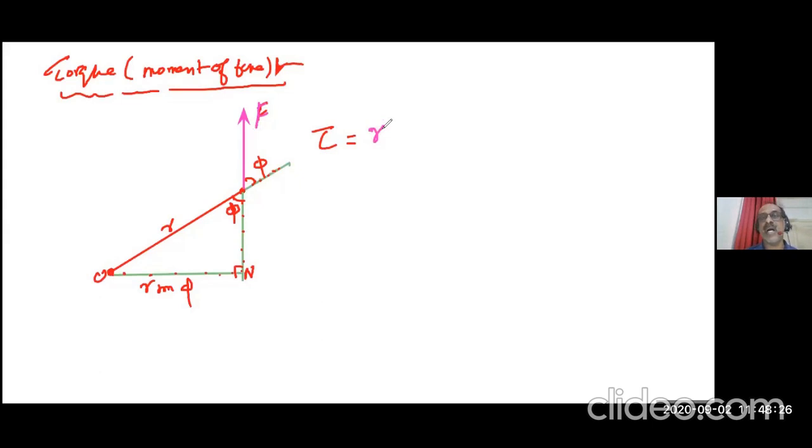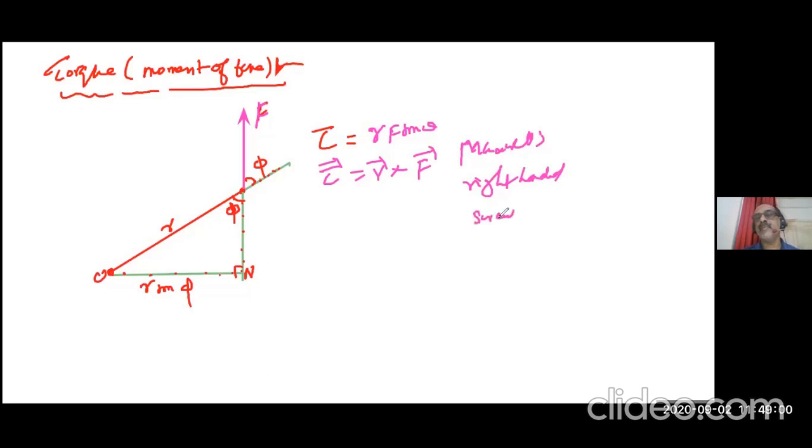And we have written R F sine theta, or in vector form, R cross F. Okay. R cross F. And torque is found to be perpendicular to R and perpendicular to F. This direction can be obtained by Maxwell's right-handed screw rule, or we were using this one, i j k.